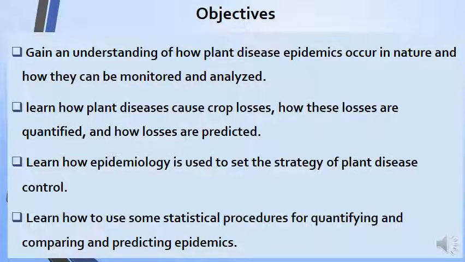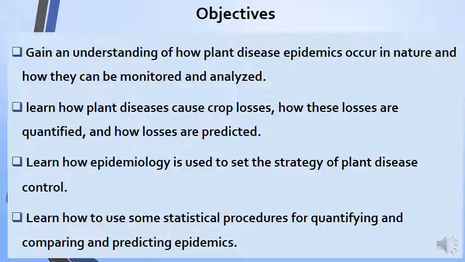Now we can summarize the objectives of studying plant disease epidemiology in four points. First, we have to understand plant disease epidemics, how they can occur in nature, and how they can be monitored and analyzed. Second, we have to learn how diseases cause crop losses and how these losses are quantified and predicted.